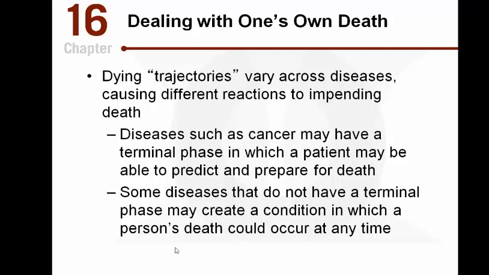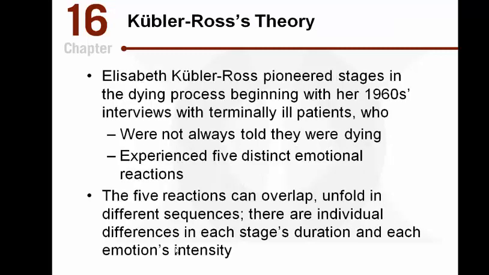For example, if an individual has an aneurysm, they might know that it is a very dangerous situation that could certainly result in death, assuming there's nothing they can do to operate, but they might not know when that particular situation might occur, when they might eventually die. And so that also changes things for the individual trying to deal with this diagnosis.